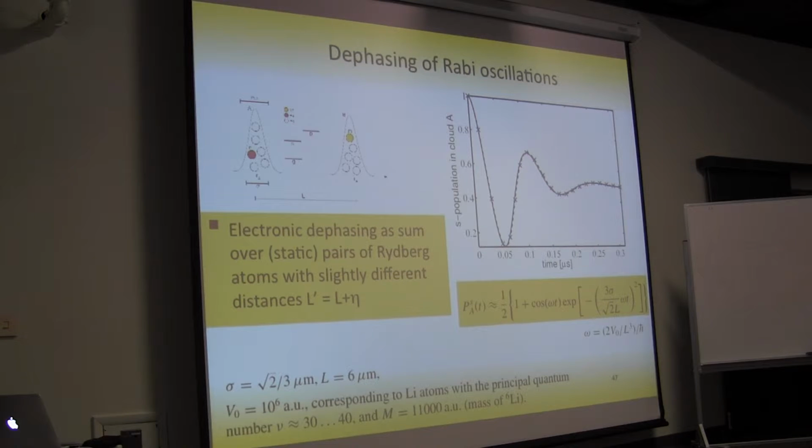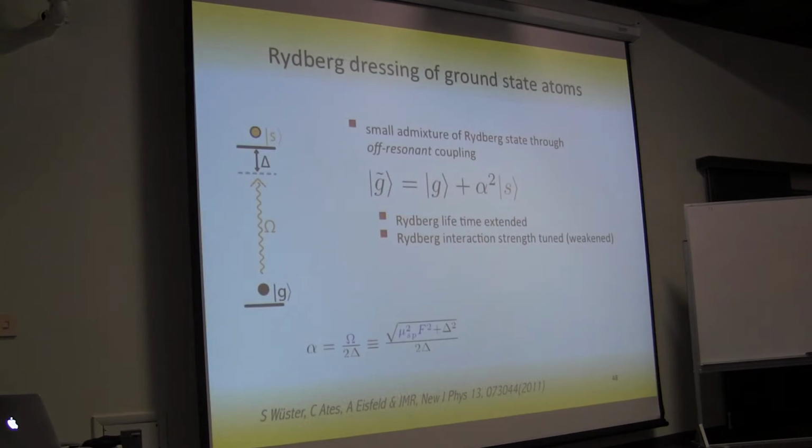This we can do by dressing, right? This is the last thing I want to tell you. And you learned already about dressing yesterday from Matthias, I think. The idea of dressing is simply that you do not couple resonantly with the laser to the two levels, but you go off resonance, and that results in a mixture of your excited state into your ground state, from where you start.